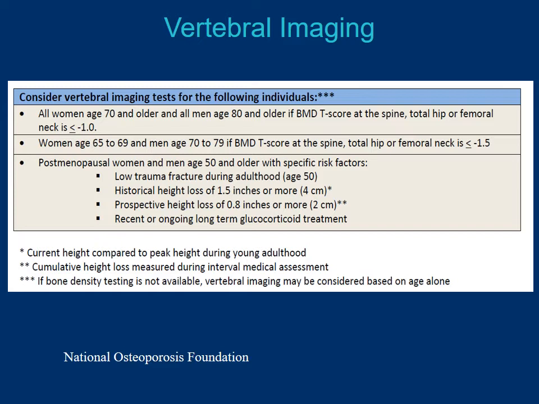Also in postmenopausal women and men aged 50 years and older with specific risk factors, like a history of previous fractures, historical height loss of 1.5 inches or 4 centimeters or more, or prospective height loss of more than 2 centimeters, or recent or ongoing long-term glucocorticoid treatment. However, again, the gold standard for diagnosing osteoporosis is DEXA.